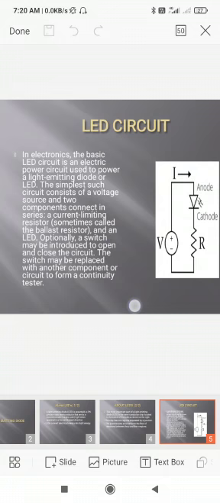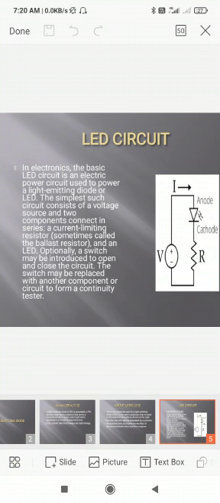In electronics, the basic LED circuit is the electric power circuit used to power a light emitting diode, or LED. The simplest such circuit consists of a voltage source and two components connected in series: a current limiting resistor, sometimes called the ballast resistor, and an LED.